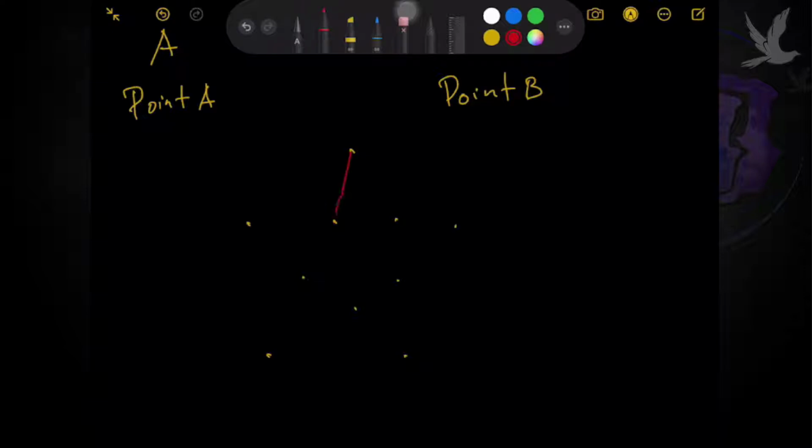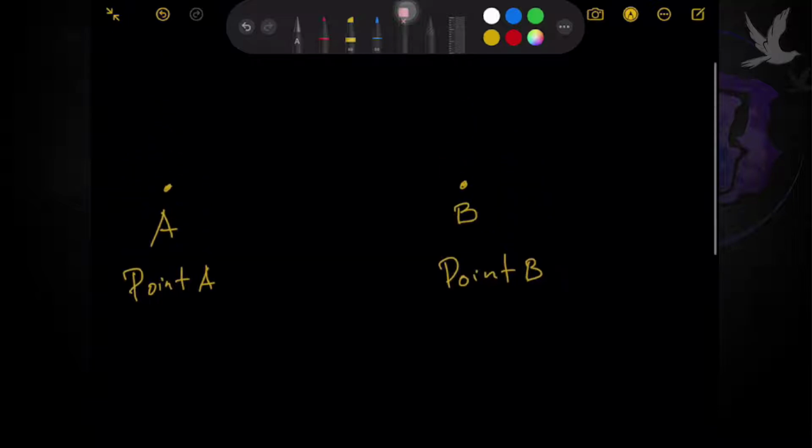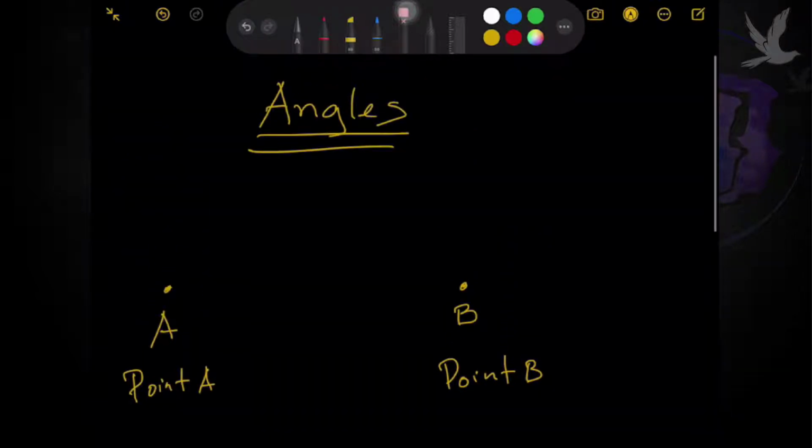For example, from this point going here, connecting the dots, something like that. But of course, this is a different thing. Again, these 2 points can be joined together by simply drawing a line.